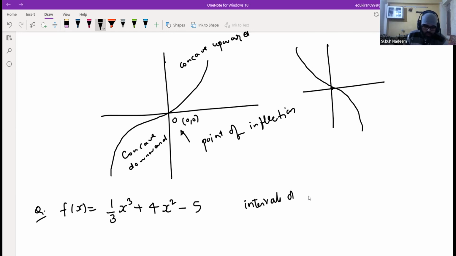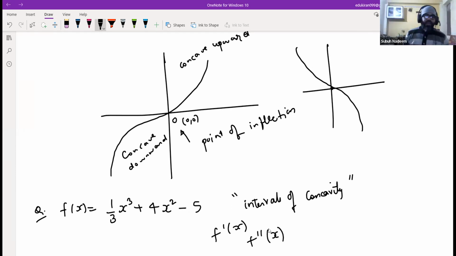So for that, you have to first find the double derivative. So first just try to find out the single derivative and then the double derivative. Then we will see the change in sign.